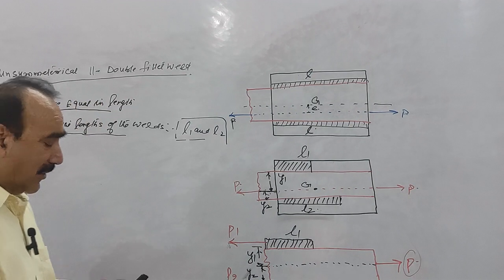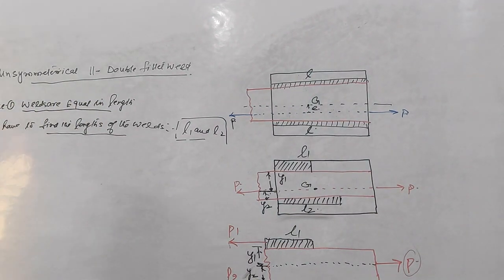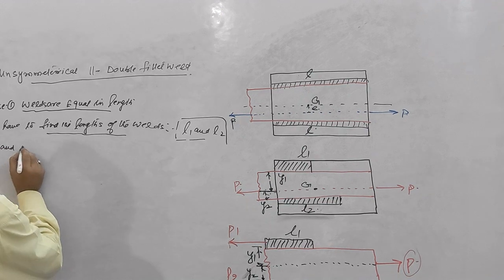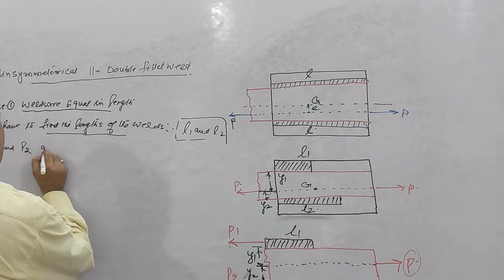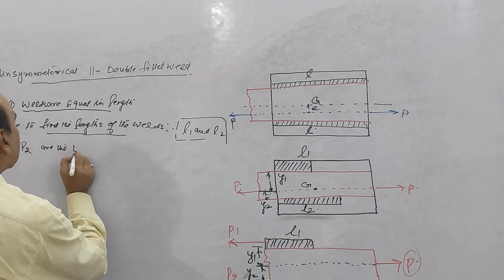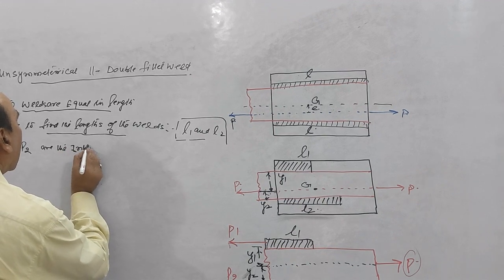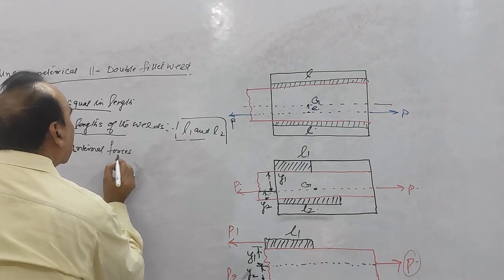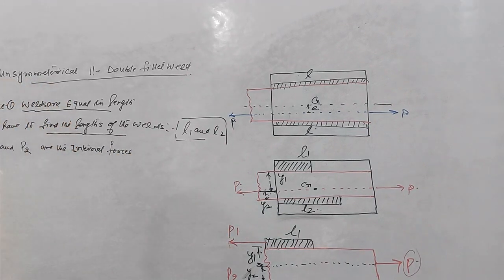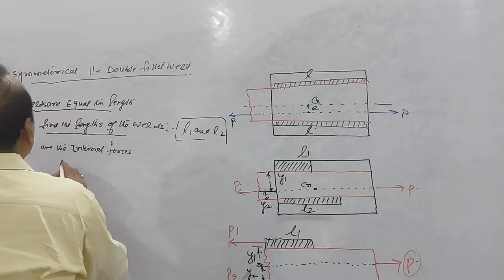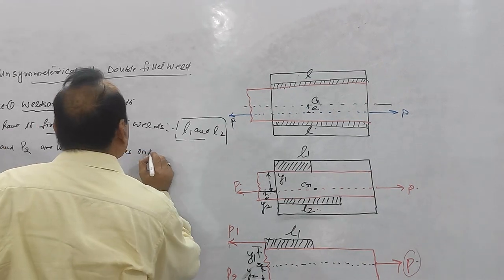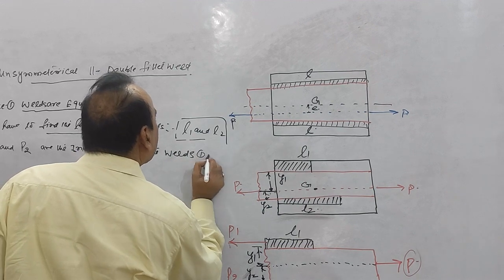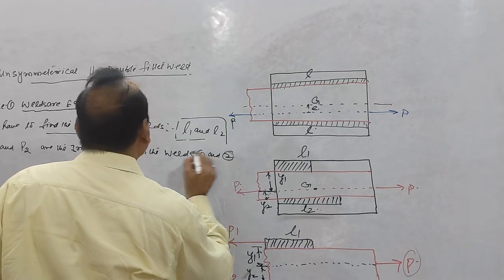Internal forces. मैं लिख देता हूं. So we have P1 and P2 are the internal forces developed on the belt. P1 and P2 are the internal forces on the welds 1 and 2, right?